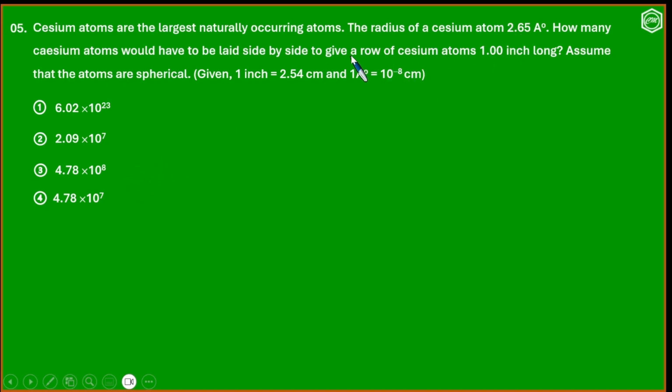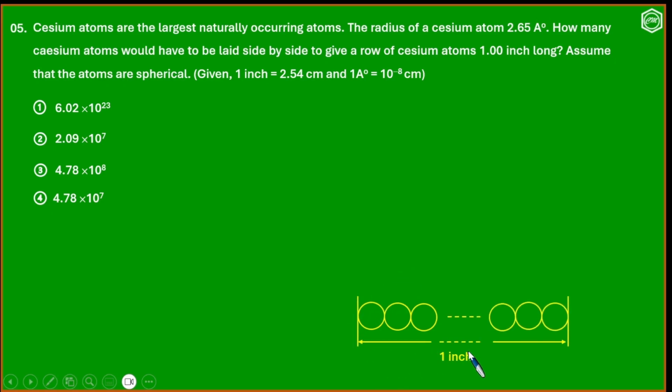So here we have to consider a row of cesium atoms. So we can consider this as a row of cesium atoms, and suppose that this distance is 1 inch. So therefore, if we know the diameter of one cesium atom in inch, we can calculate the number of cesium atoms in this distance.